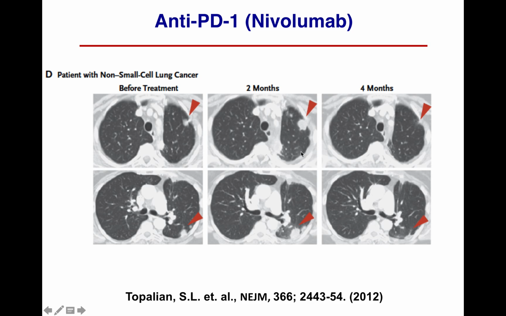It turns out that this is actually a positive response, because the T cells are getting activated, getting in there, and filling the tumor, and then this thing resolves the lesion.